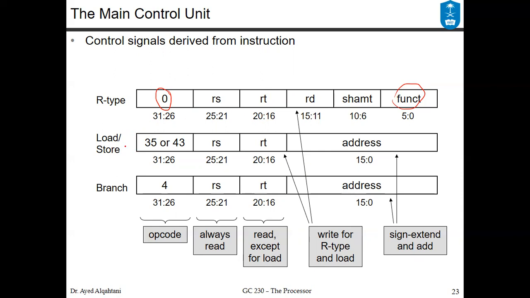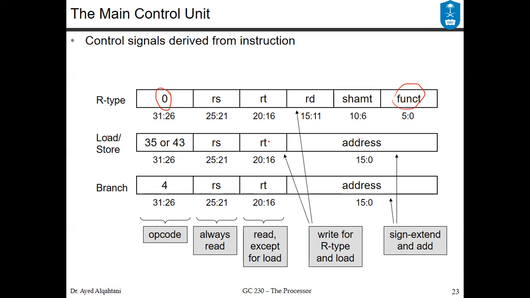For the load and store, we have 35 or 43. 35 in the opcode means that this is a load. 43 is the store. These are the opcodes for the load and the store, copied from the big table of the MIPS ISA.